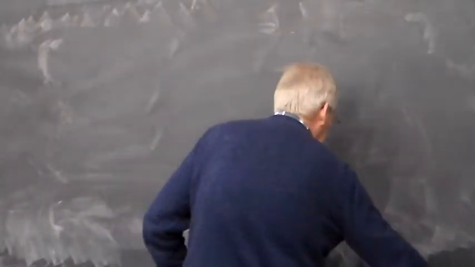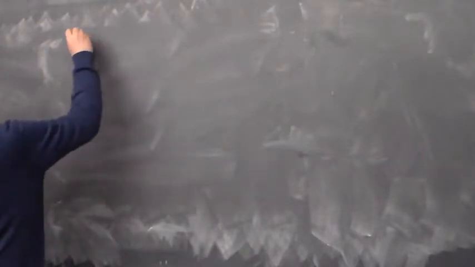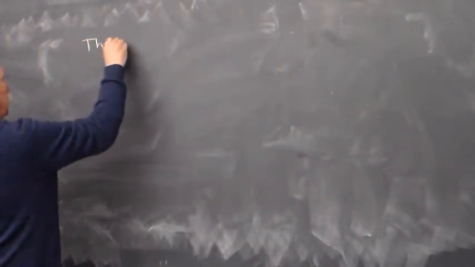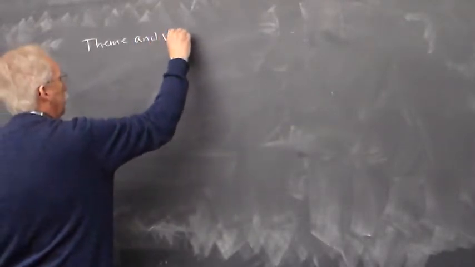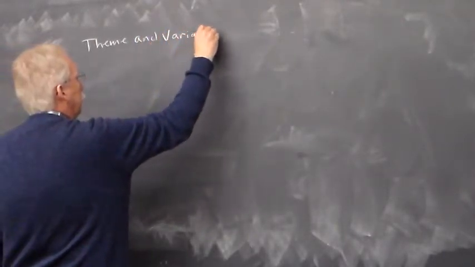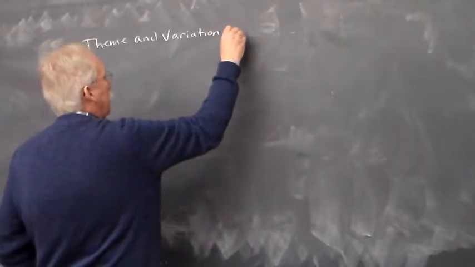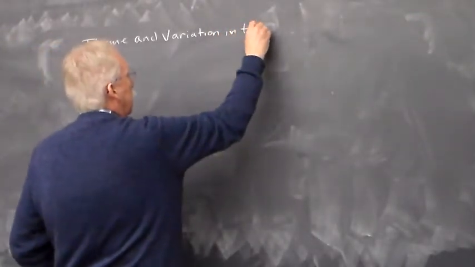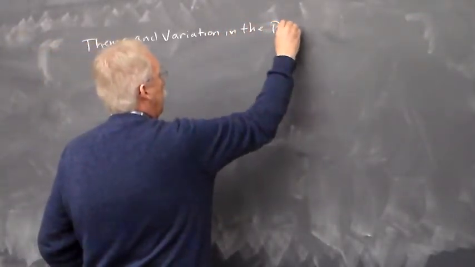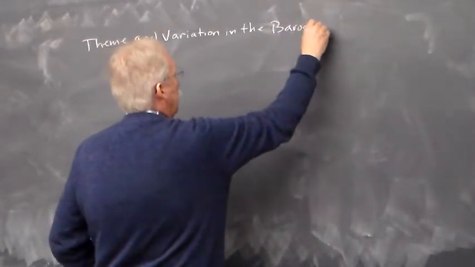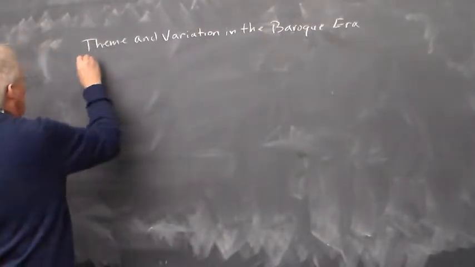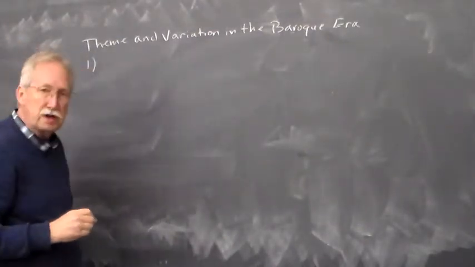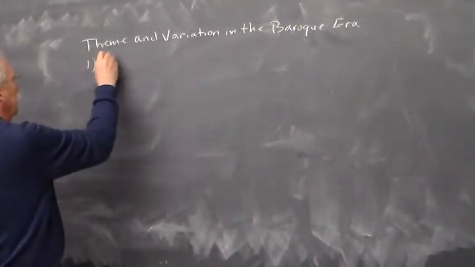And so the first of these is called strophic variation.